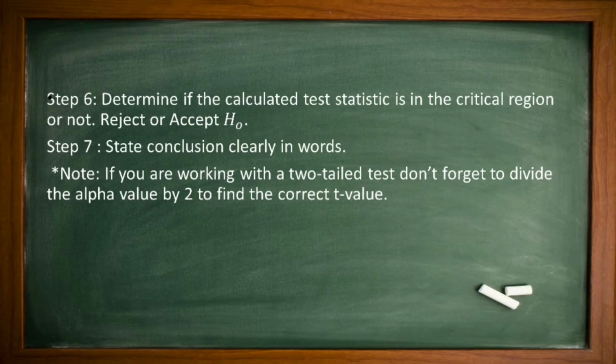So, take note po that if you are working with a two-tailed test, don't forget to divide the alpha value by 2 to find the correct t value. So, yan po yung ating steps for hypothesis testing for one sample mean.